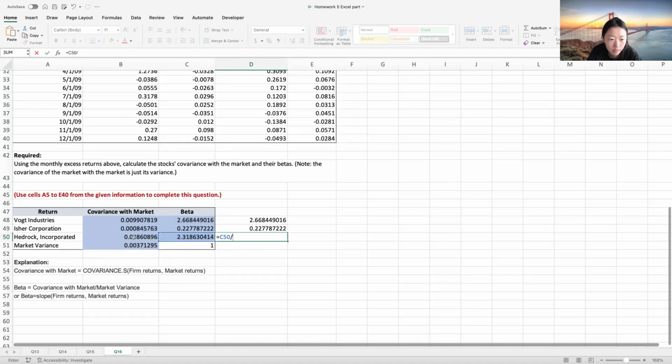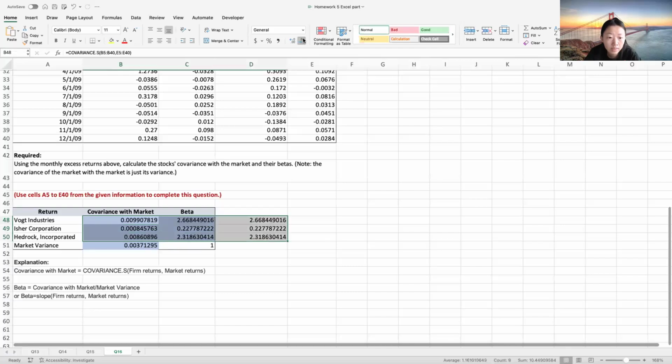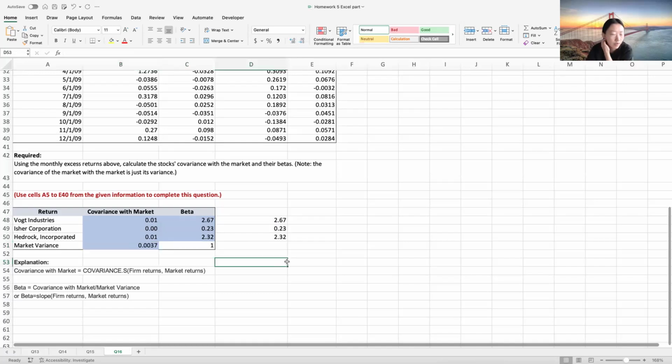And the third, covariance divided by the market variance. And you see that they are exactly the same. So the two methods will give you the same answer. All right, so that will be it for homework 5.